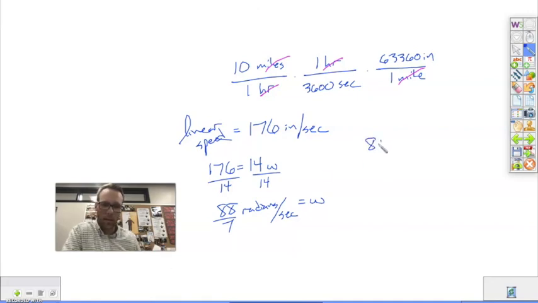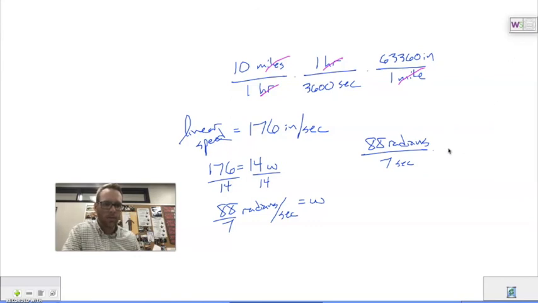So let's set this up. 88 radians over 7 seconds times 2 pi radians is 1 revolution. So these cancel.